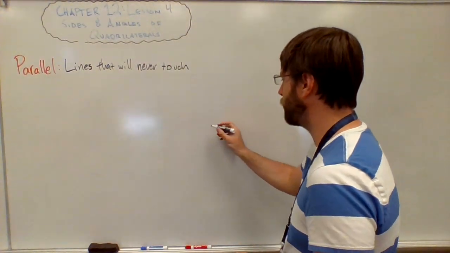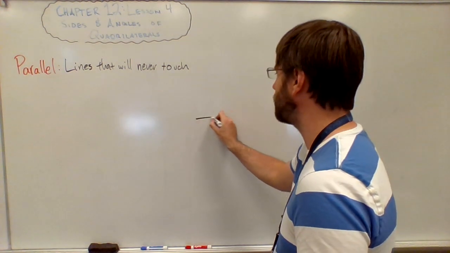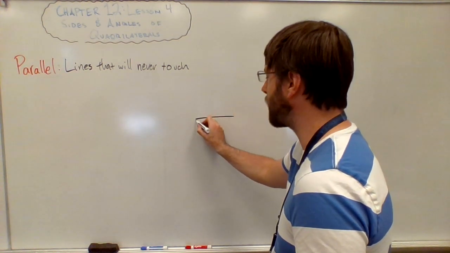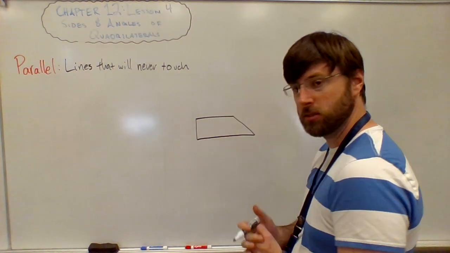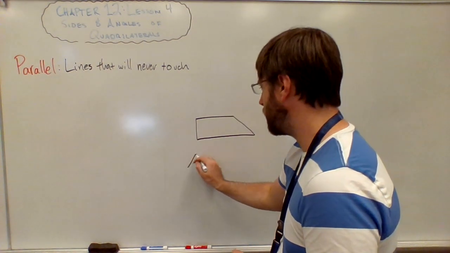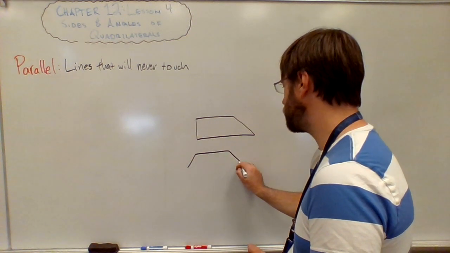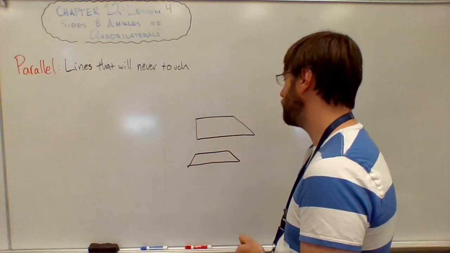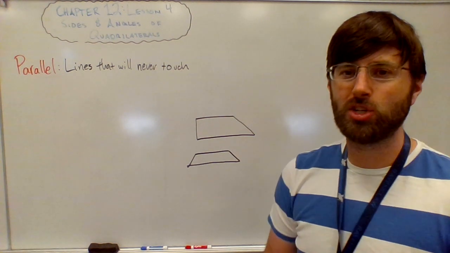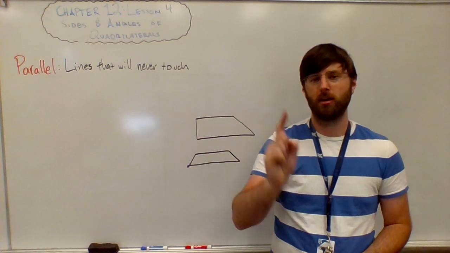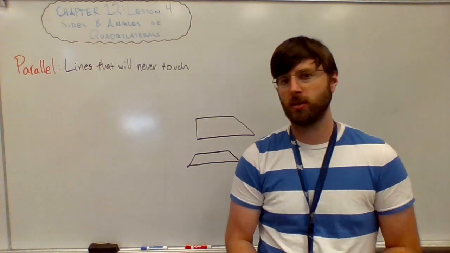So I want to draw it on the board for you. The special shape can look a lot of different ways. One way to draw it would be like this. I could also draw it like this. There's a lot of different ways to draw this shape. But what I'm trying to do right now is draw shapes where there is one pair of parallel sides.